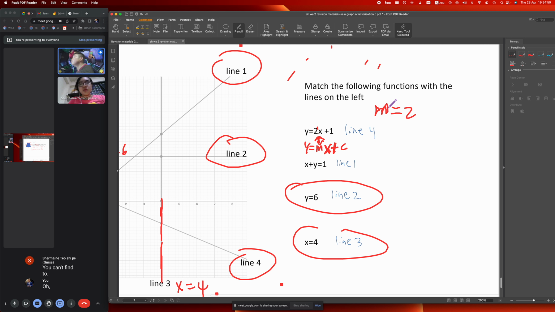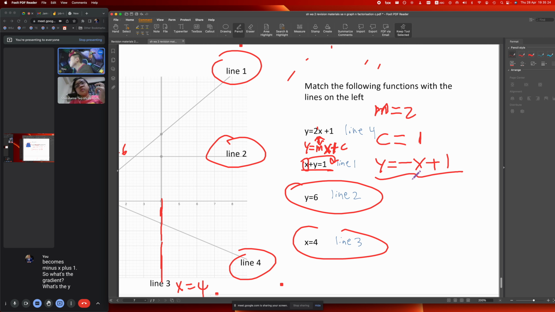Then what's the y-intercept? 1. Okay, good. Now look at line 1. You need to change it. Bring the x over, so it becomes y equals to minus x plus 1. What's the gradient, and what is the y-intercept in this case?